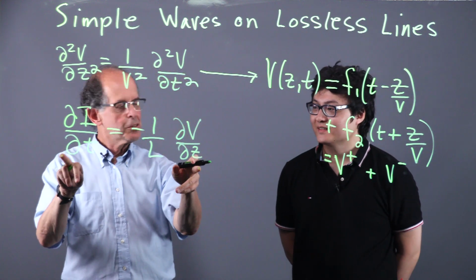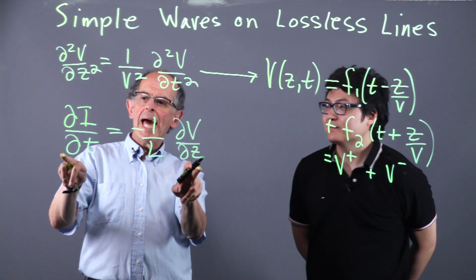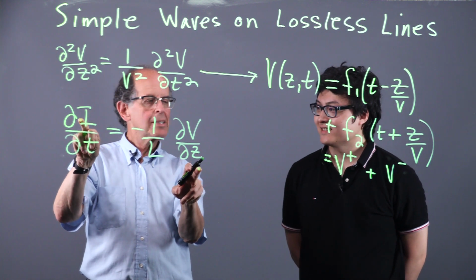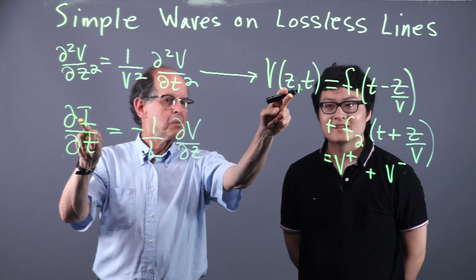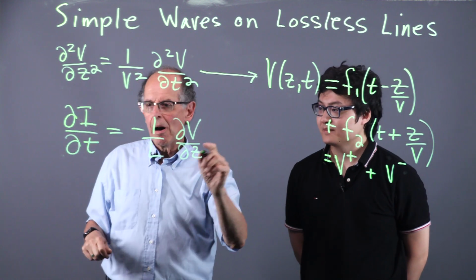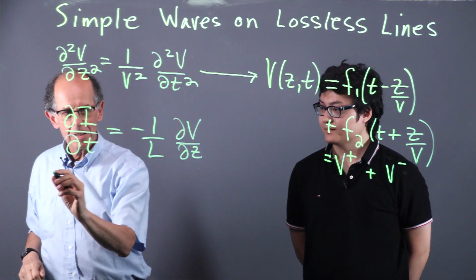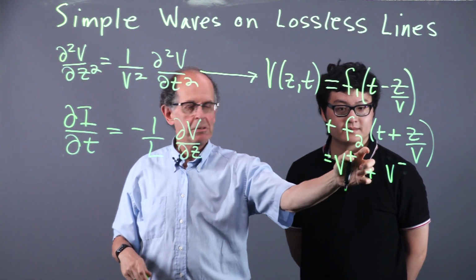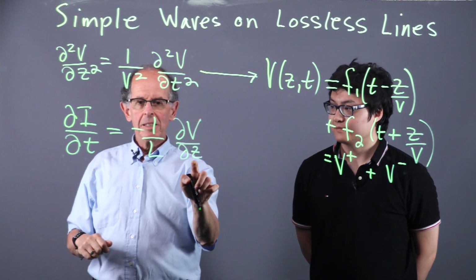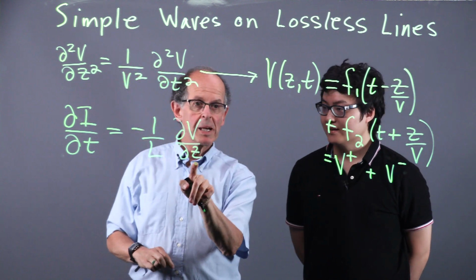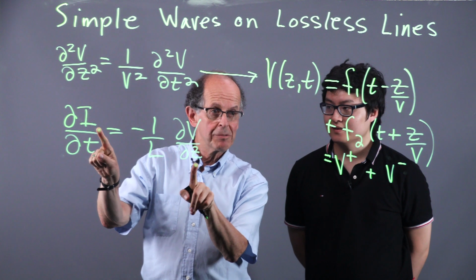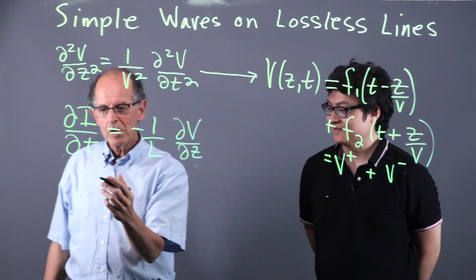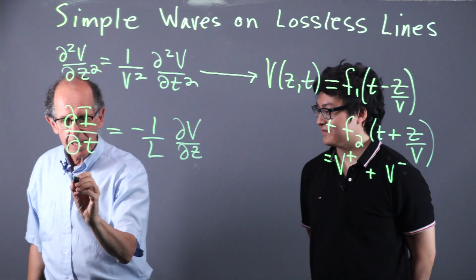It's the voltage equation that we're using to get the di/dt. And then we'll do something to get I, because we know what V is. We have V as forward and backward waves. Go in here, differentiate with respect to z, and then integrate with respect to t to get I. So let's just set it up.